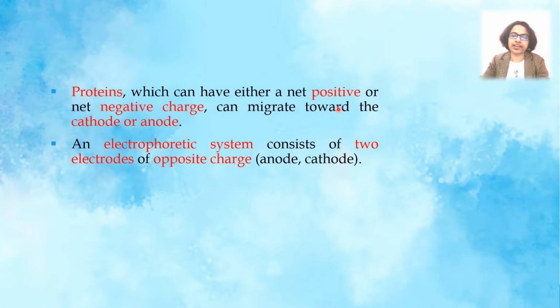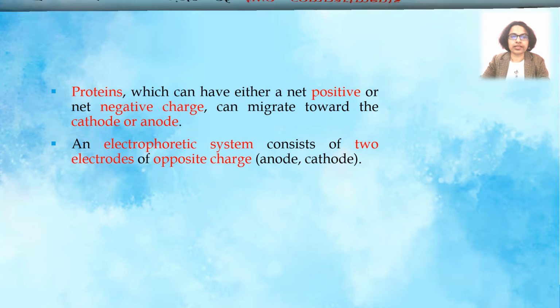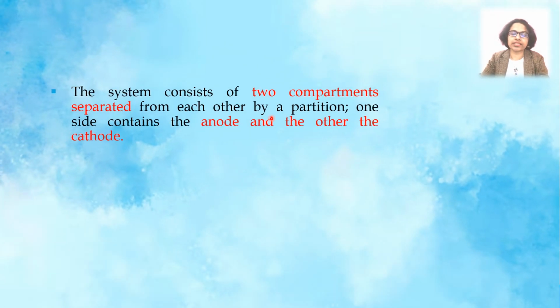Proteins which can have either a net positive or net negative charge can migrate toward the cathode or anode. An electrophoretic system consists of two electrodes of opposite charge, that is anode and cathode. The system consists of two compartments separated from each other by a partition.